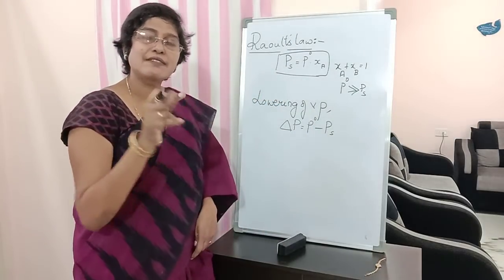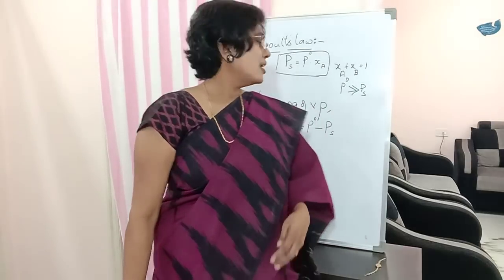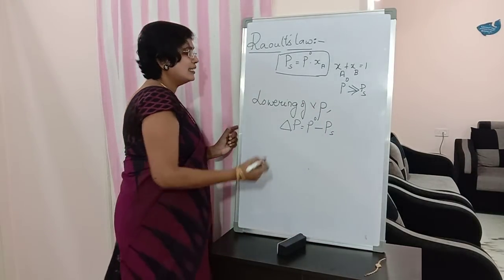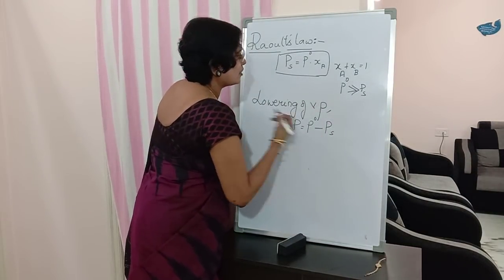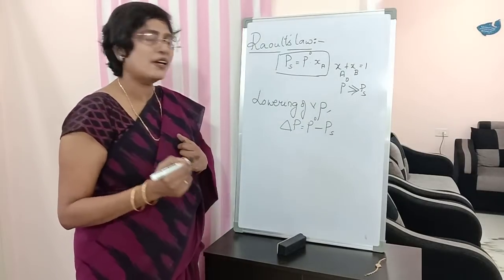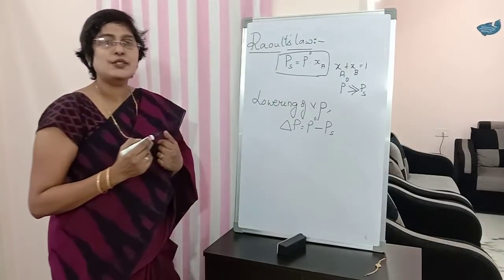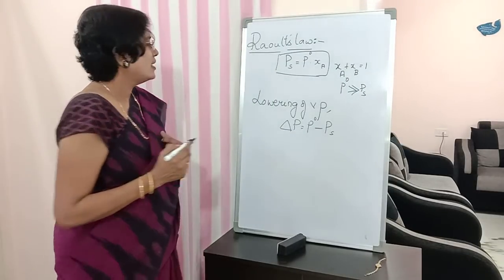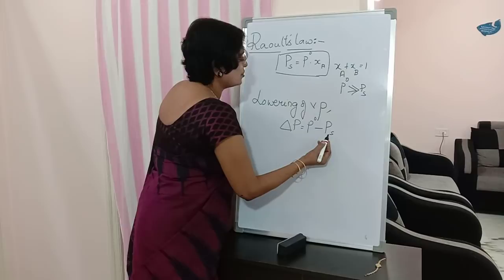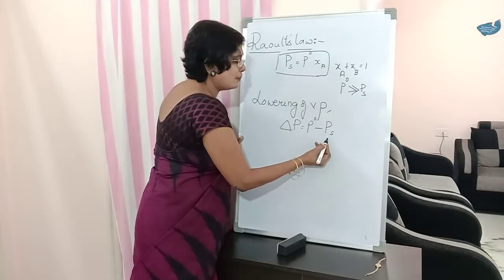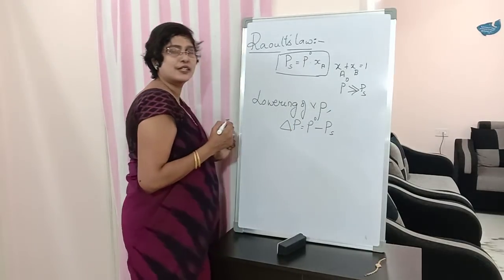This we have learned in the previous class. But according to Raoult's law, PS is equal to how much? P naught into XA. So here I am substituting the value of PS in this expression, students.